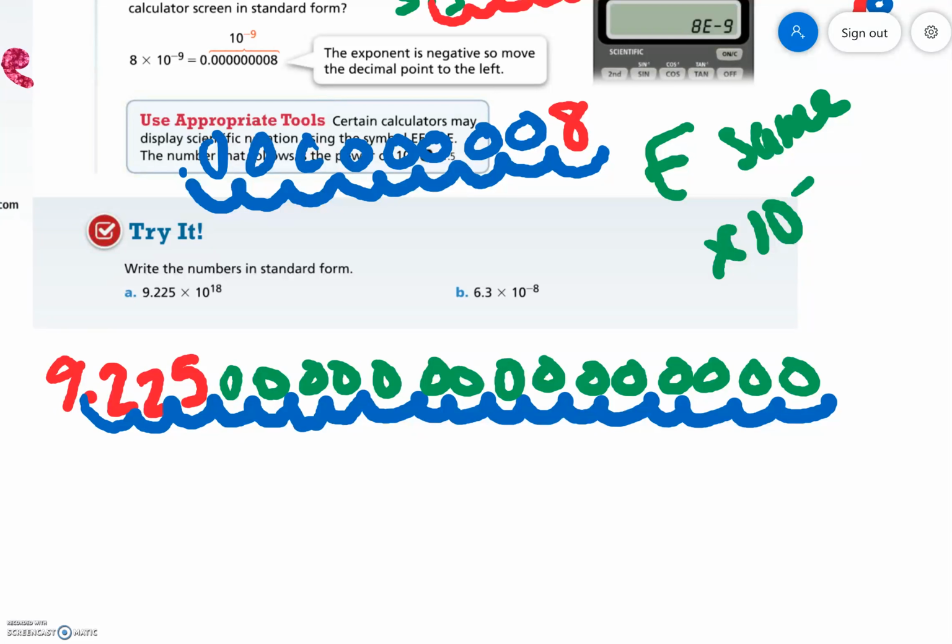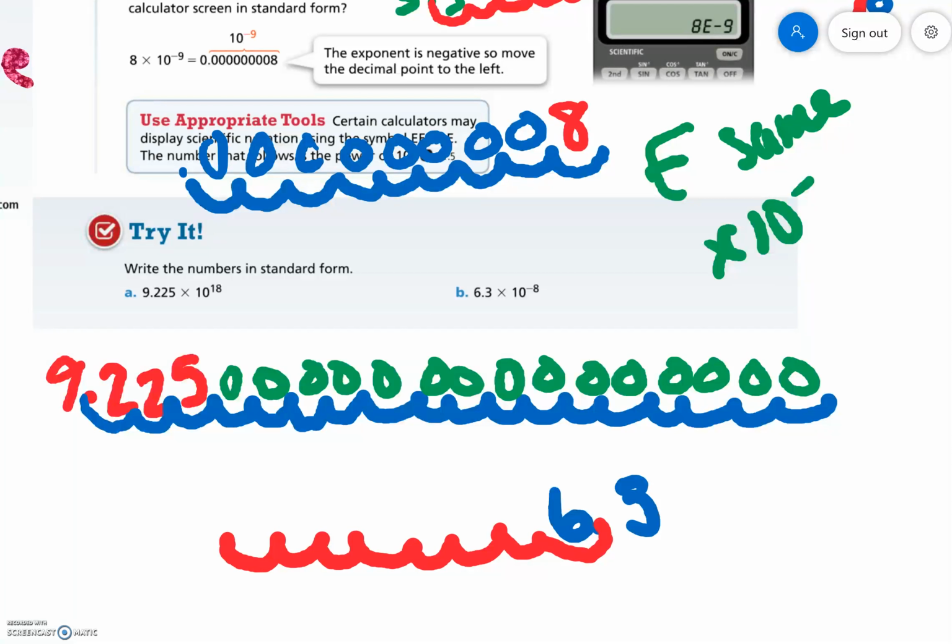All right, now 6.3 times 10 to the negative 8. So negative, I want to move left to make it a decimal. 1, 2, 3, 4, 5, 6, 7, 8. Decimal point should be there. Fill in the empties with zeros.